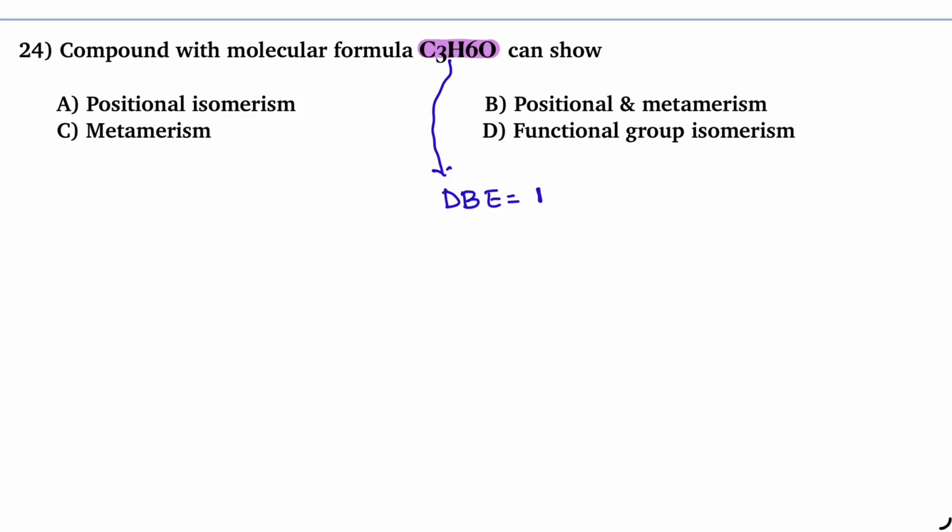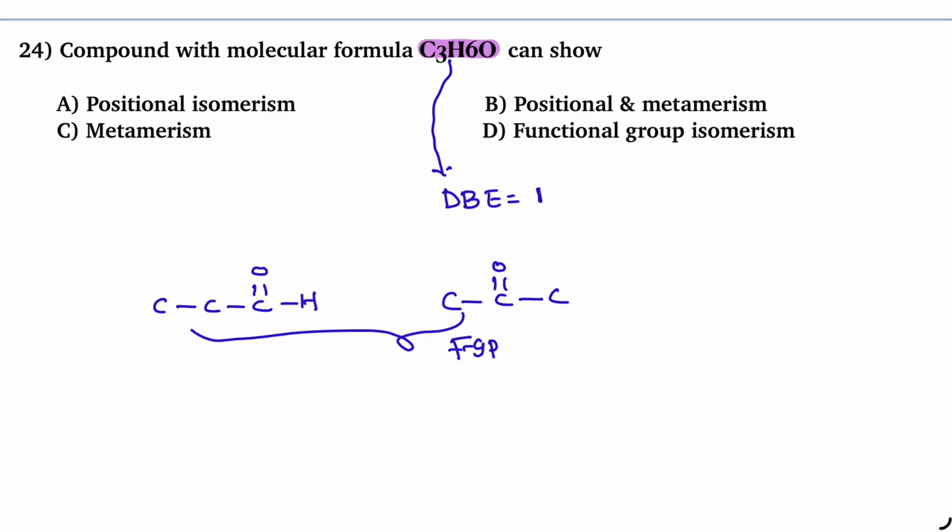The degree of unsaturation is 1, so we can write an open chain compound and also a cyclic compound. If you take the open chain compound, we write an aldehyde, and if you write another one, that will be a ketone, and these two are functional group isomers.